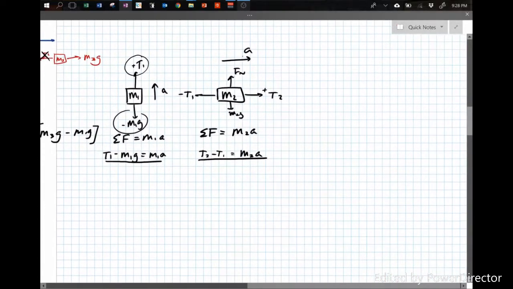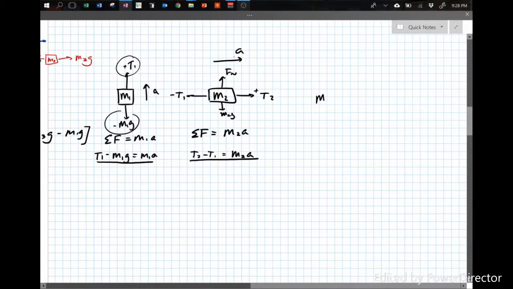Or if we wanted to look at T2 another way, we could look at mass 3. We've got 3 masses, which means we have 3 bodies, which means we have 3 free body diagrams. Tension 2 up, m3g down, and my acceleration is down. So we can do Newton's second law again. Net force equals mass times acceleration.